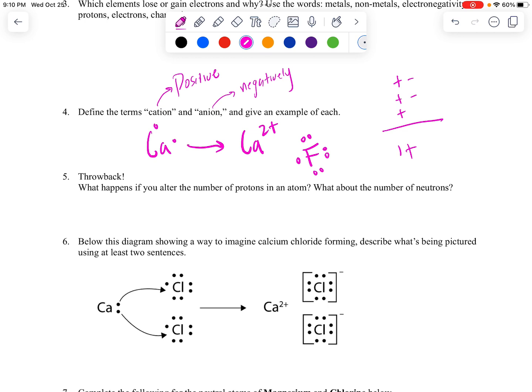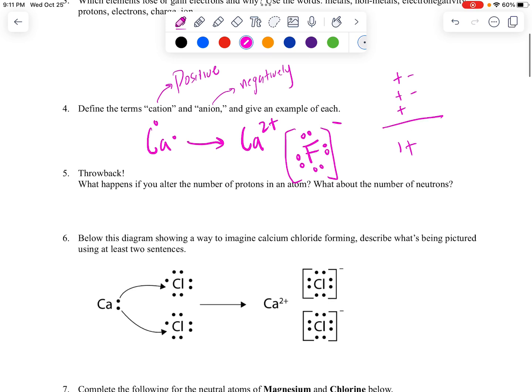So it needs to gain 1 more electron to satisfy the octet rule. So it's going to gain 1 more electron and become negatively charged. All right, so that's a fluoride ion.